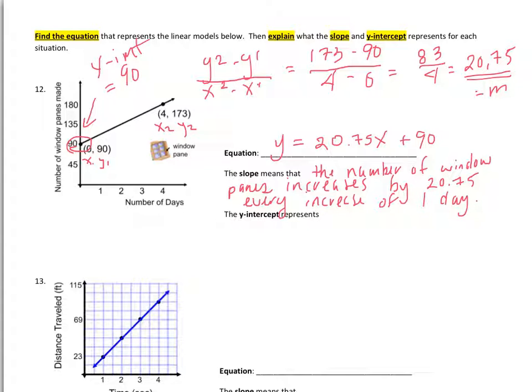The y-intercept represents the 90 panes that they started with.